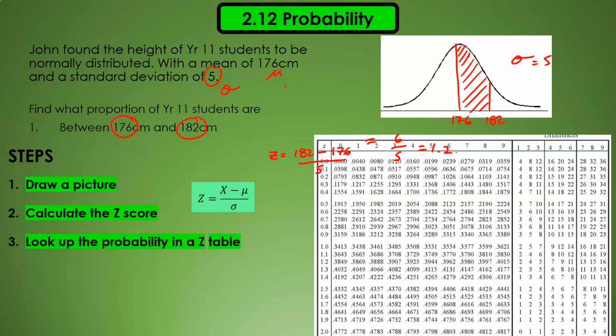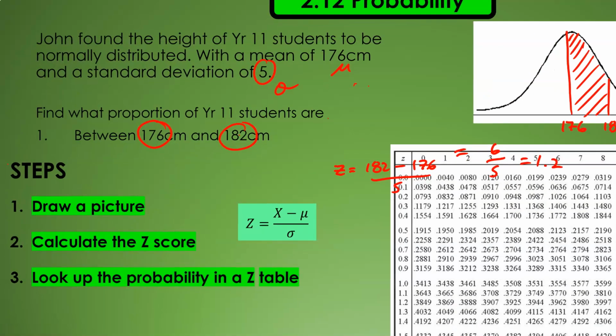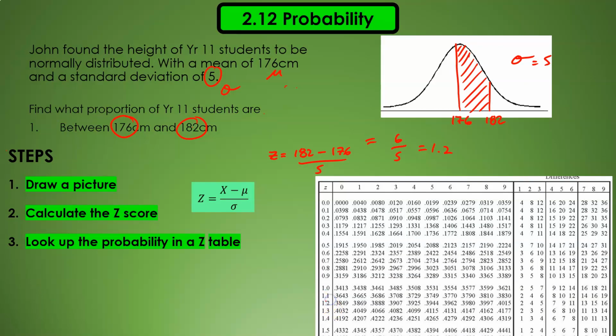So then from the table, we need to find 1.2. So 1.2 for the first decimal point, 0 for the second decimal point, and there's no third decimal point. That gives us a probability of 0.3849.